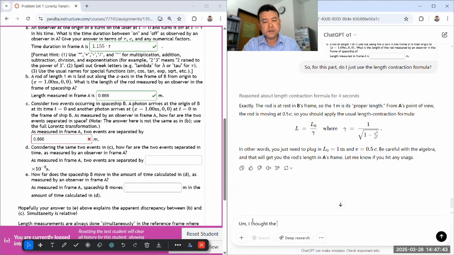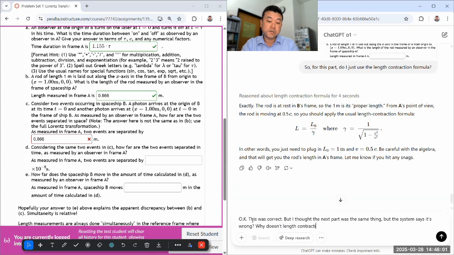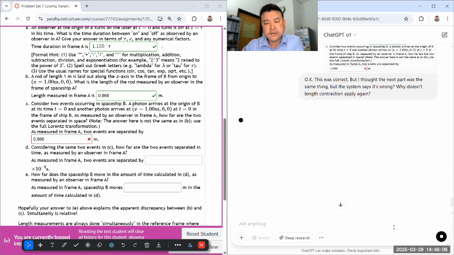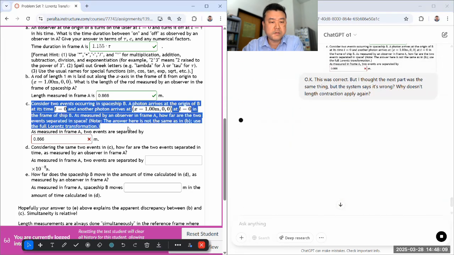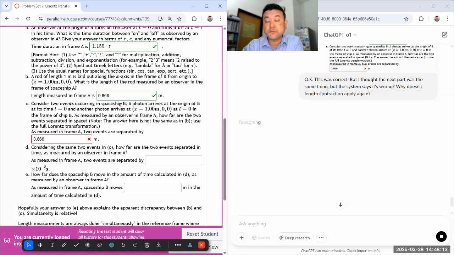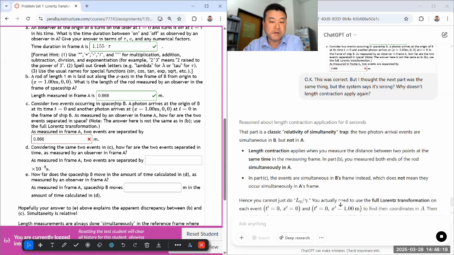I thought the next part was the same thing, but the system says it's wrong. Why does length contraction apply again? And ChatGPT will probably explain that the description says it's set up to be simultaneous in frame B, and in frame A, it's not going to be simultaneous due to the Lorentz transformation, or relativity of simultaneity.